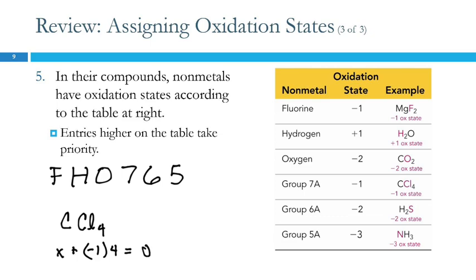That's a neutral molecule. The charges have to add up to 0, which is the overall charge. What's the oxidation state for carbon? +4. Because that's what makes it add up. Any questions?